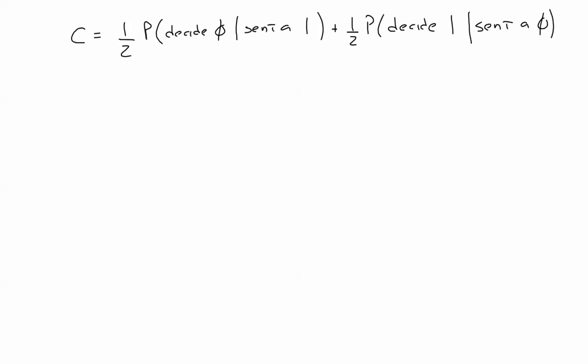Okay? All right. Remember, C00 and C11 were both 0, so those conditional probability terms don't show up in our result.